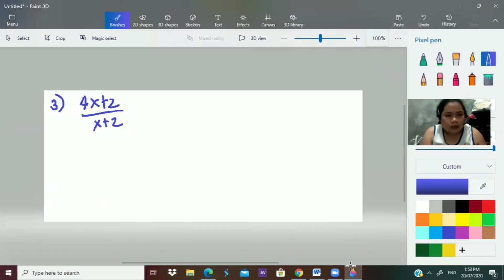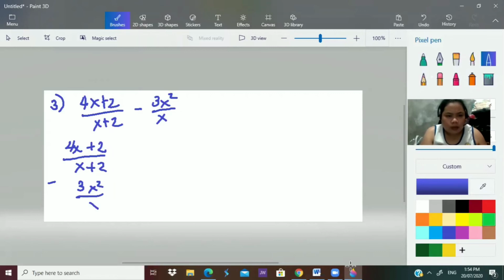Minus 3x squared over x. Okay. So as you can see, the two denominators are really different. Talagang magkaiba. So, ang gagawin natin, kung ano yung ginawa natin sa addition para maging similar fraction, i-apply natin dito. So, minus 3x squared over x.